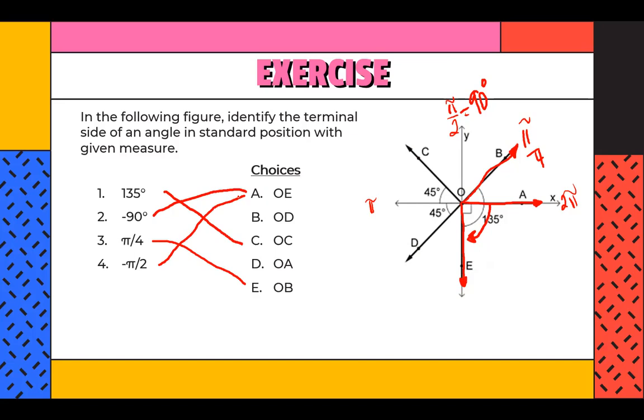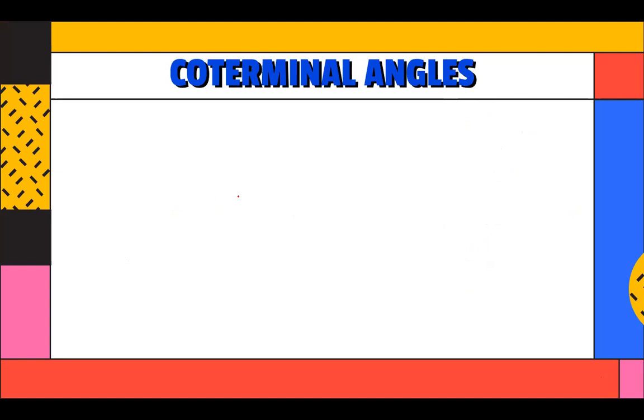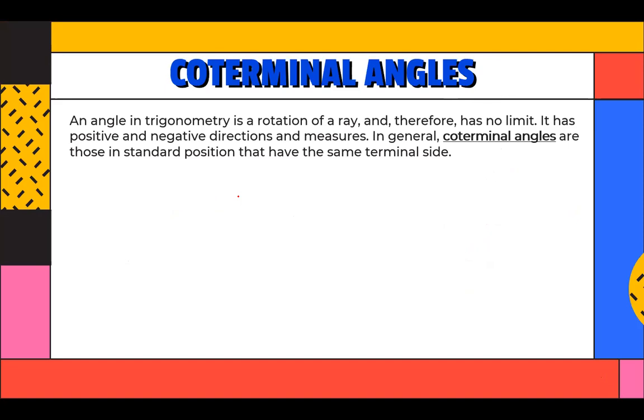Next, let us proceed with our coterminal angles. An angle in trigonometry, as we said earlier, is a rotation of a ray. It is formed when a ray is rotated. Therefore, it has no limit. It also has positive and negative directions in measure, correct? In general, coterminal angles are those in standard position that have the same terminal side.